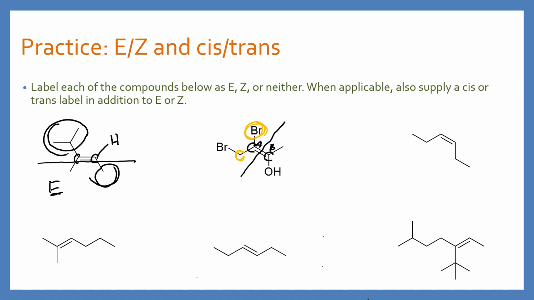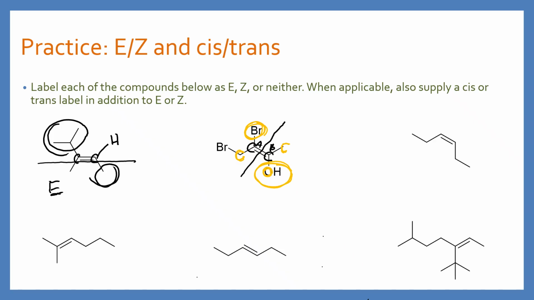Now going to carbon B, we have a methyl group versus a hydroxyl group. Again, methyl overall is heavier than hydroxyl, but we're not comparing methyl to hydroxyl. We're comparing carbon to oxygen, and oxygen is more important. So the oxygen gets the priority. Actually, I misspoke.